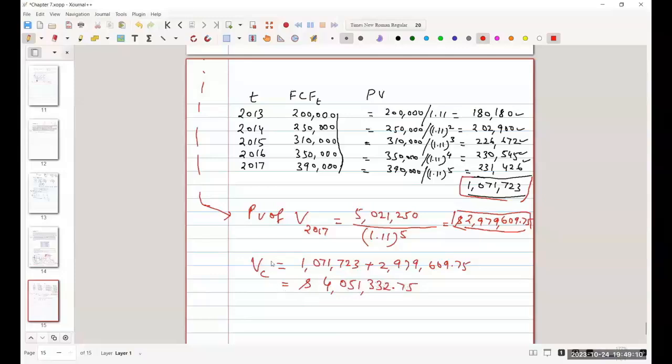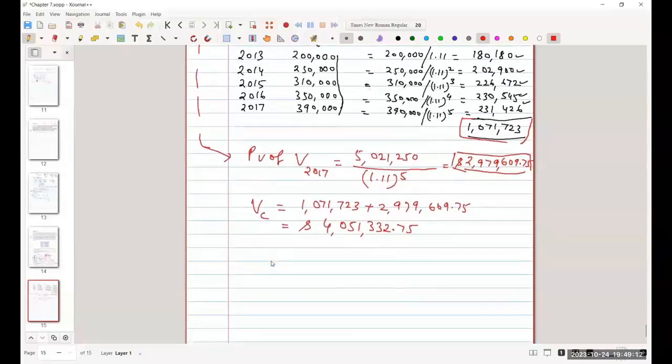So this is the value of the entire company. In part B, they said find out the value for the shareholders. So because the total value of the company is this, value for the shareholders will be the total value, and from which we will subtract the value for the debt holders, which was given to us, and from that we will subtract the value for the preferred stockholders, which was given to us.